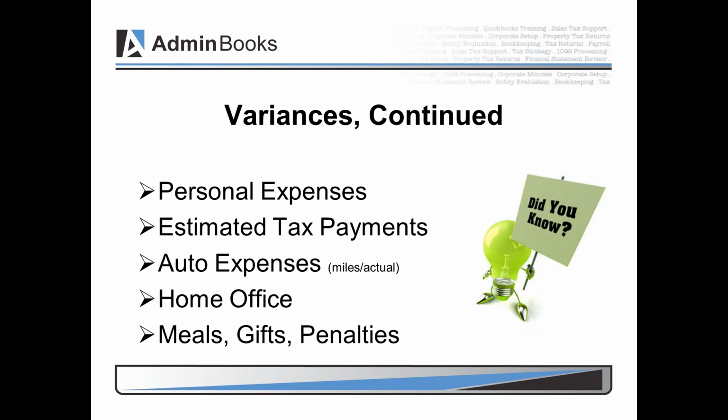Now, home office deductions for all entities should be paid for by the owner personally. For an S Corp, what Sabrina does on the tax side is we do a home office calculation, and then we do a journal entry in your books to show what amount you got deducted and that it came from you personally.